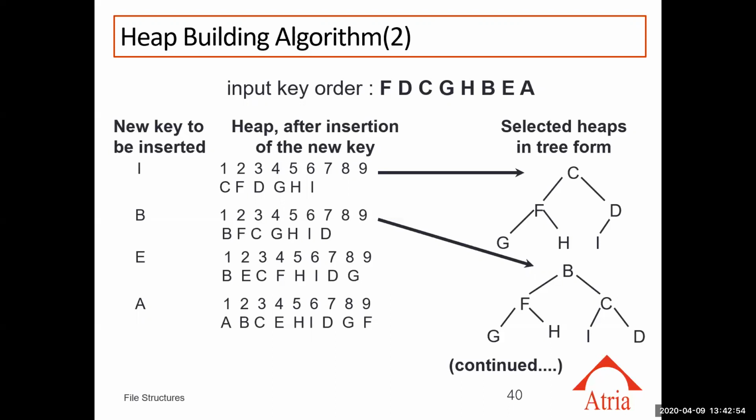So b will be as it is, where e will replace f, and f will be placed in the fourth location, where g was before; g will be shifted to the last location. So this is how we will be doing more than one swapping.